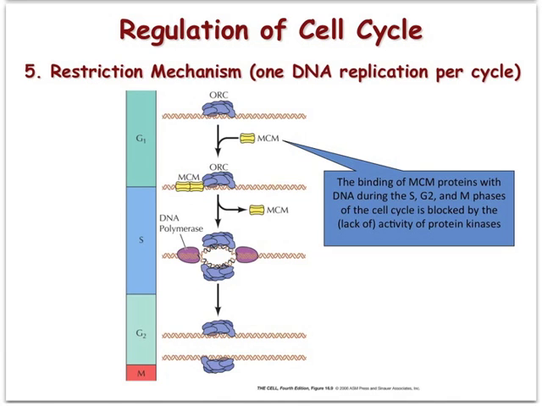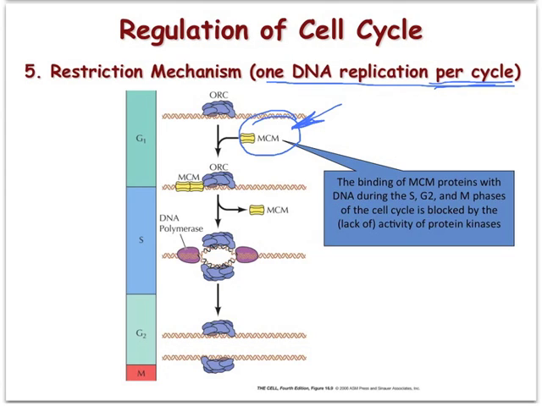Finally, the last type of signal that regulates progression through a cell cycle is one that prevents the cells from replicating the DNA more than once per cell cycle. This mechanism involves the activation of the helicase that is responsible for opening the double-stranded DNA during DNA synthesis, during DNA replication, and that is MCM.